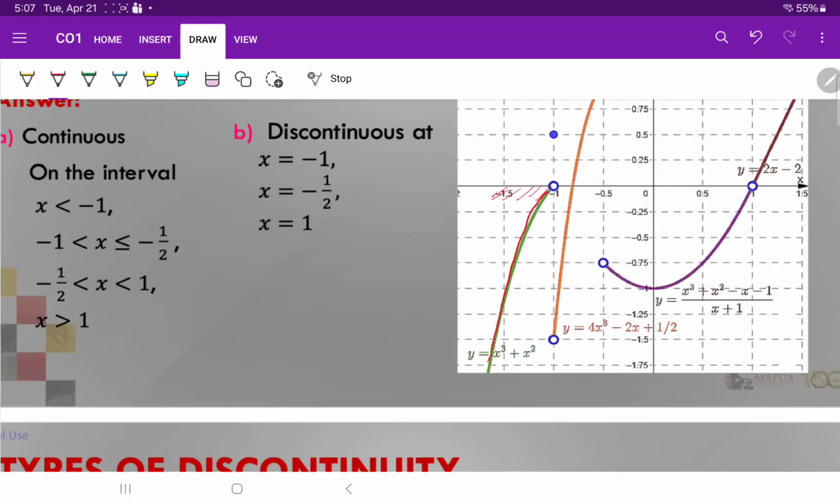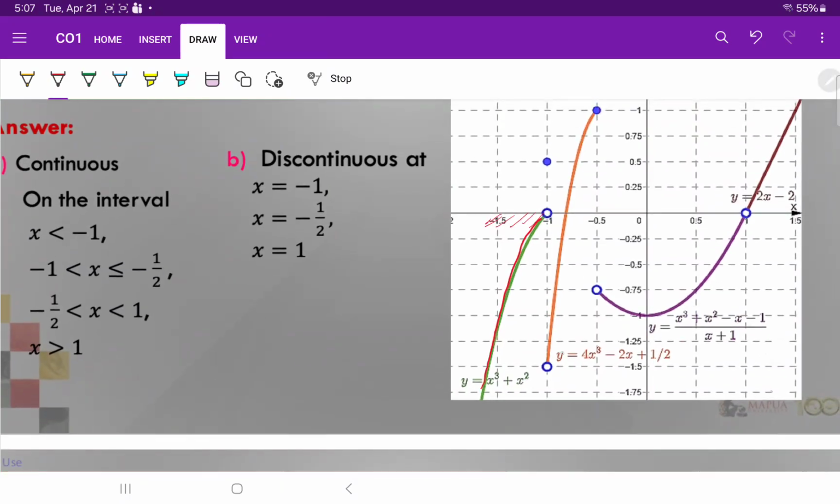Now, the next one is on the interval greater than -1 but less than -1/2. This is the region greater than -1 but less than -1/2. You can see again that the graph on this region is continuous.